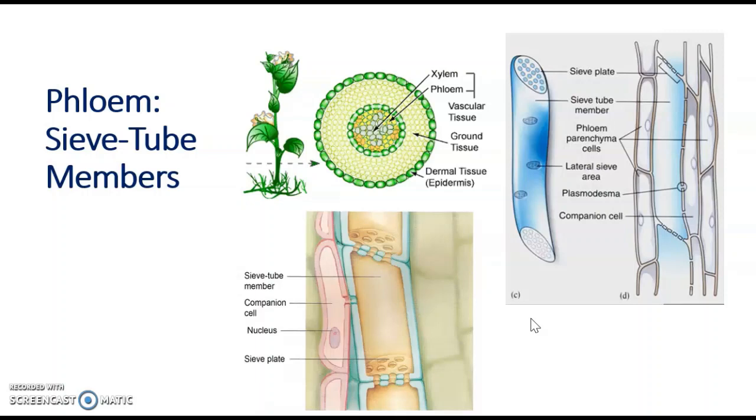Transport in phloem is therefore both up and down the stems. Transport of substances in the phloem is called translocation.